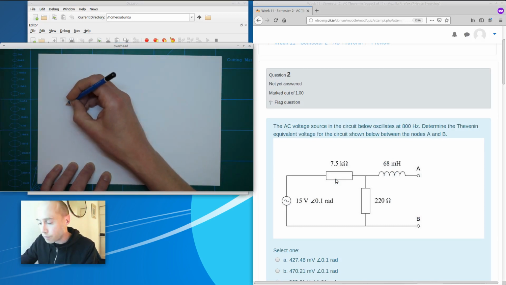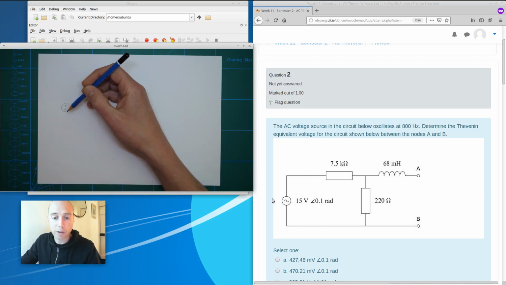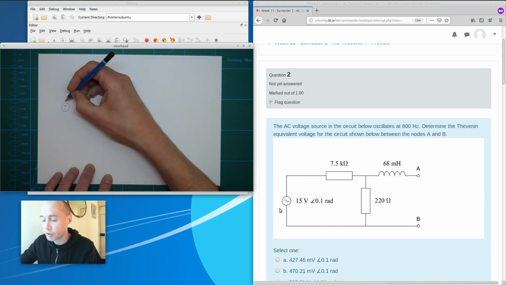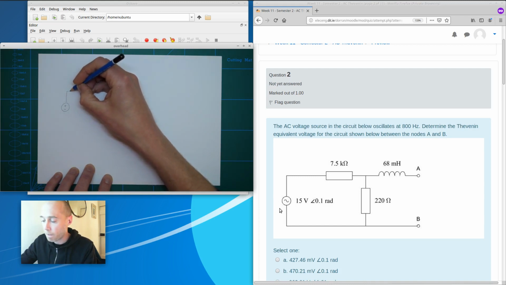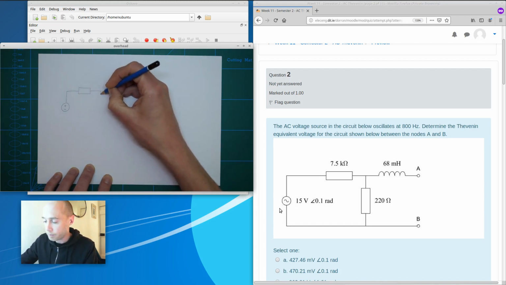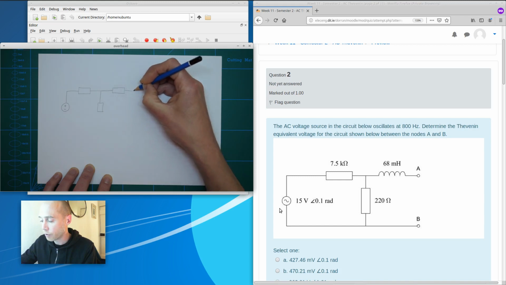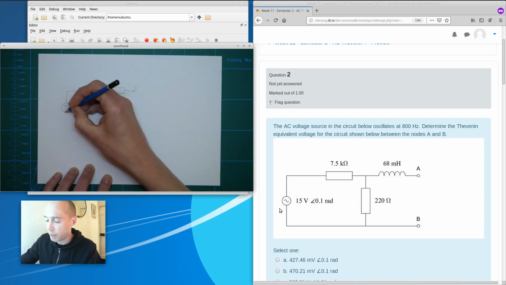So we have our voltage source. I'm going to use a slightly different symbol to represent that compared to what's shown here in the circuit diagram, but it's still just the voltage source. And then I've got one impedance, second impedance, third impedance, which is going to represent that inductor, the terminals A and B.